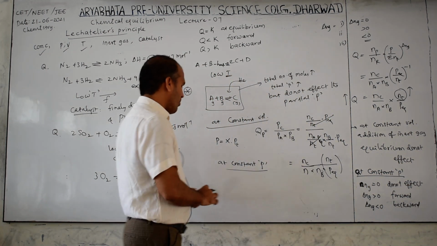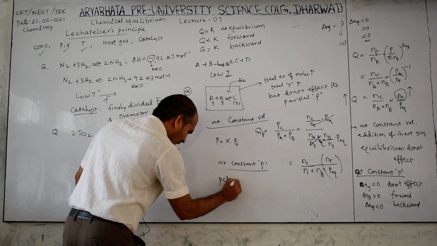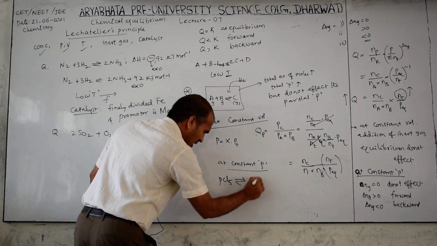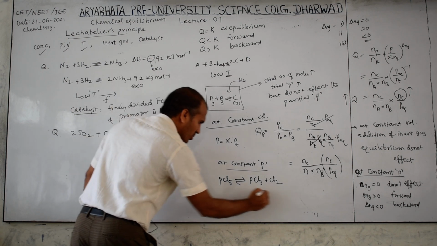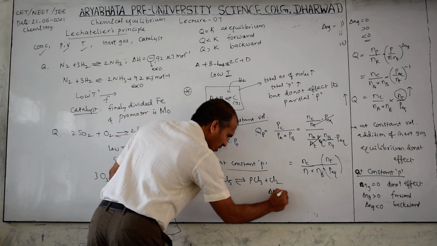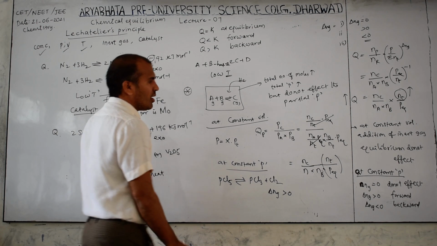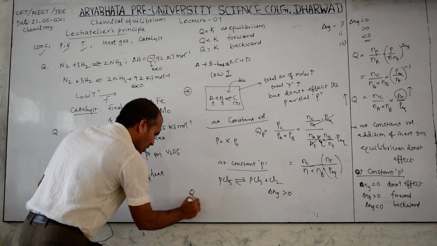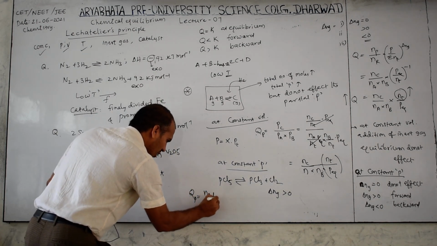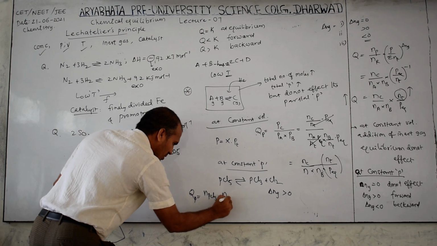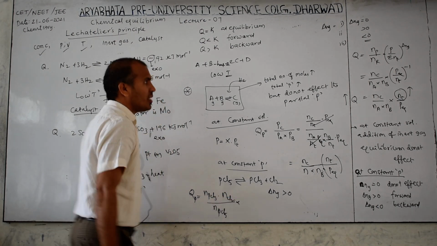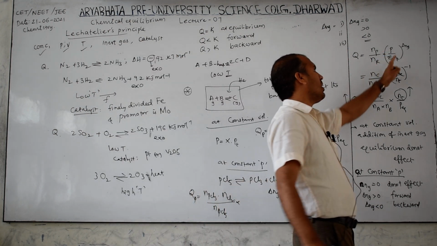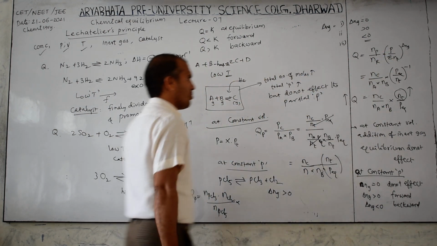Another one: if PCl5 ionizes into PCl3 plus Cl2, therefore for this reaction, delta Ng is greater than 0. Qp is equal to nPCl3 into nCl2 by nPCl5 into, in this formula, P by n total to the power delta n, how much? 1.